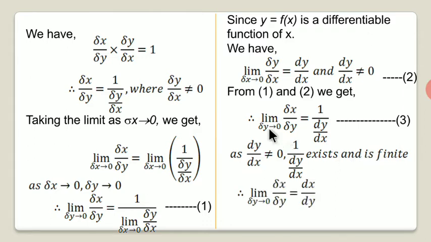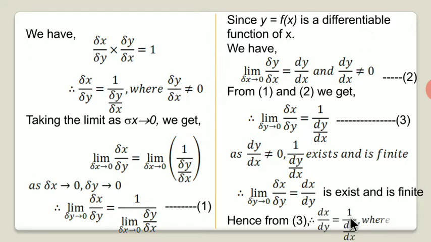So we get limit delta y tends to 0, delta x upon delta y also exists and is dx upon dy, which is finite. Now put this value of LHS in relation 3. We get from relation number 3, dx upon dy is equal to 1 upon dy by dx, where dy by dx is not equal to 0. And here we complete the proof of the theorem.